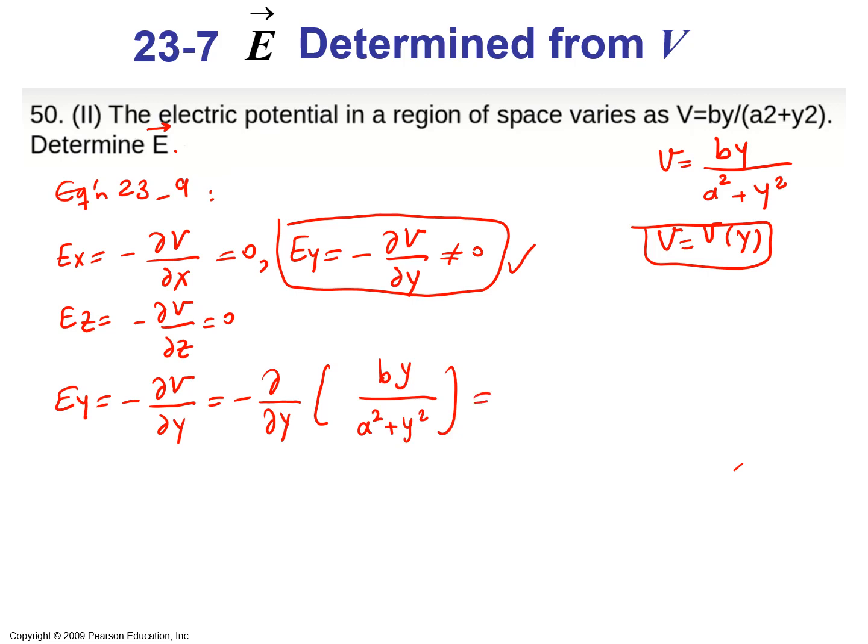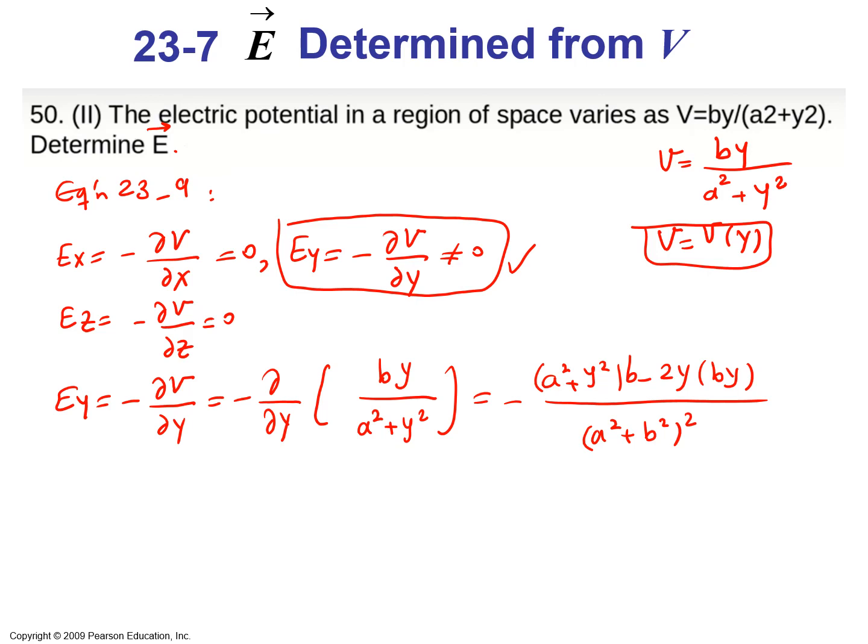And if we do the calculations, we have minus (a squared plus y squared) multiplied by B minus 2y times By, divided by (a squared plus y squared) squared.